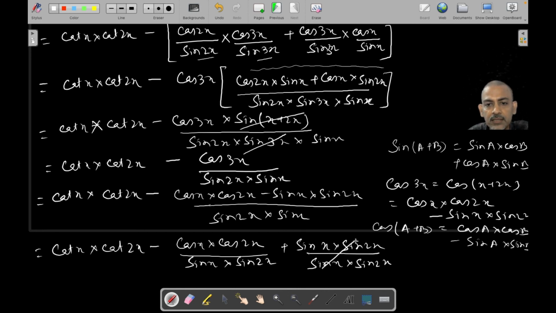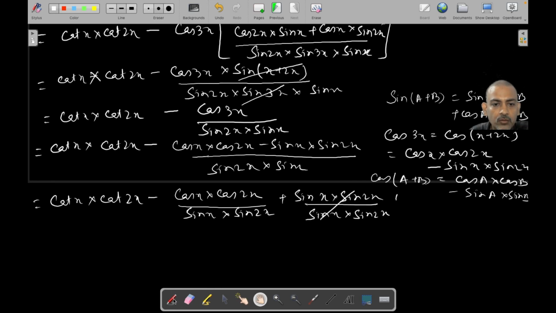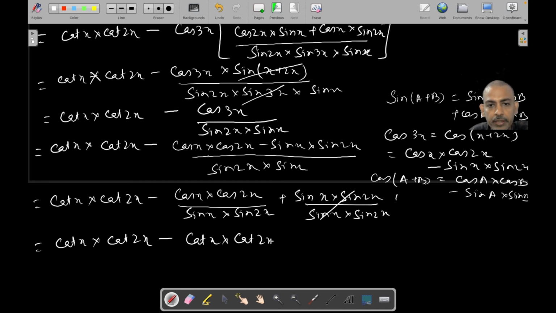So this will cancel out and it will be 1. Now this part will become cot of x into cot of 2x, and this cos x upon sin x will become cot x, and this cos 2x upon sin 2x will become cot 2x, alright? And this expression was 1. Now this and this will get cancelled out and I will be left with 1, which is what I had to prove on the RHS.